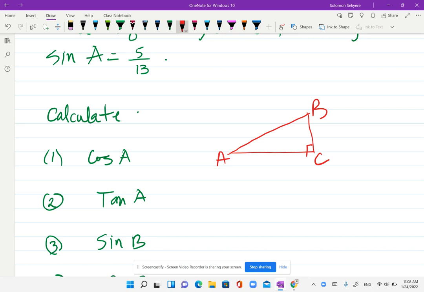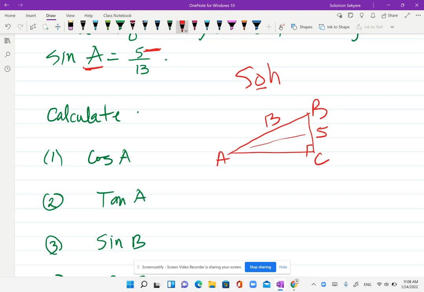Sine A is 5 over 13. Remember SOHCAHTOA, so sine is opposite over hypotenuse: opposite 5 over hypotenuse 13. That's what it means. So you use this to label your triangle.